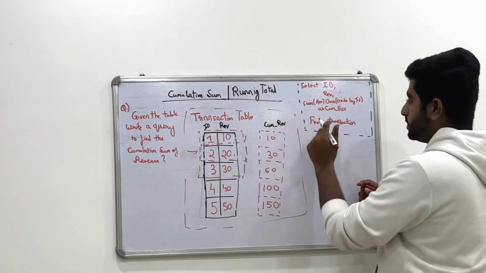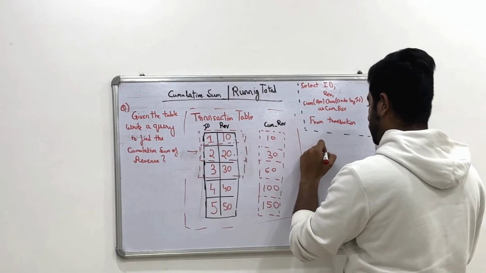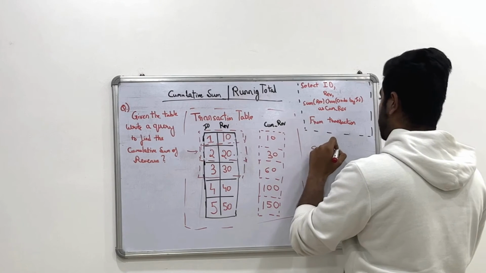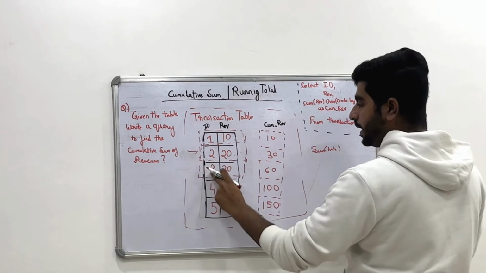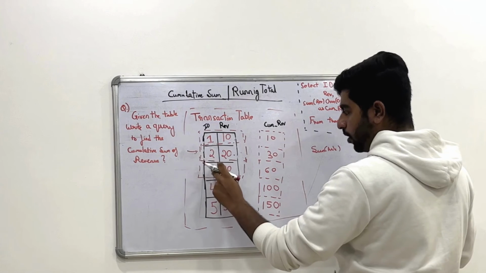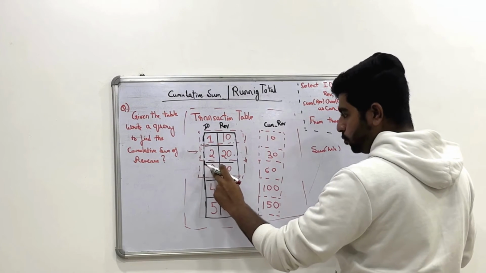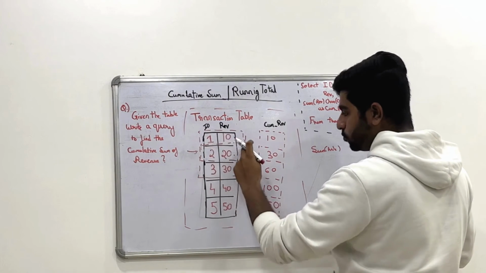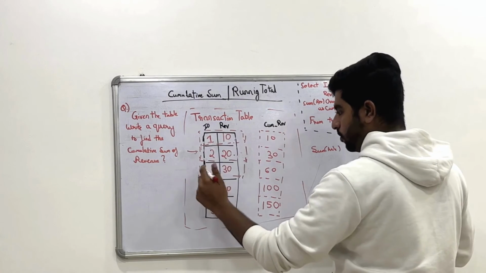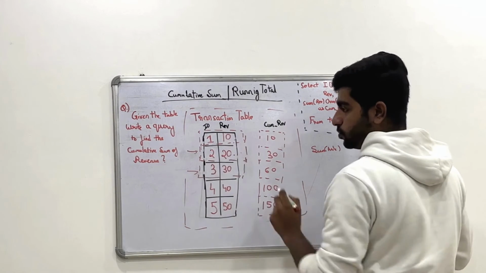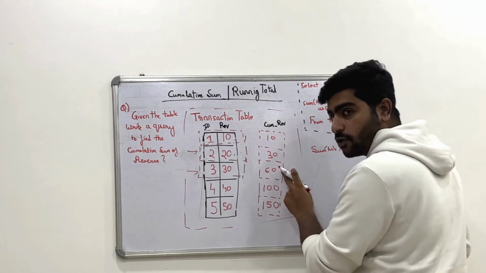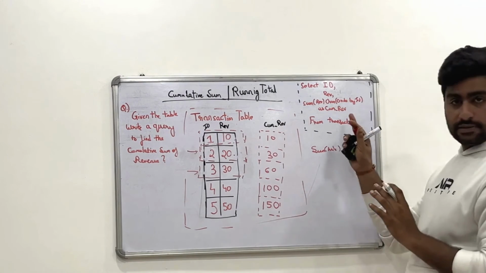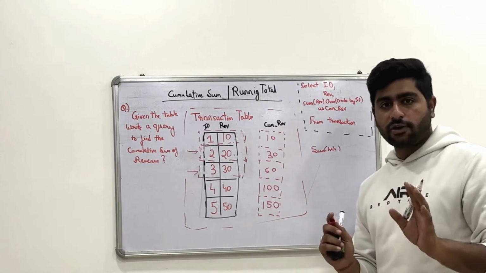Why is it doing the summation of 10 plus 20 plus 30? For sum of revenue order by ID, when ID is 3, there are 2 rows above it, and it has to do the summation of this row plus the previous 2 rows. That is why we get an answer of 60. I hope this now becomes very clear to everyone.